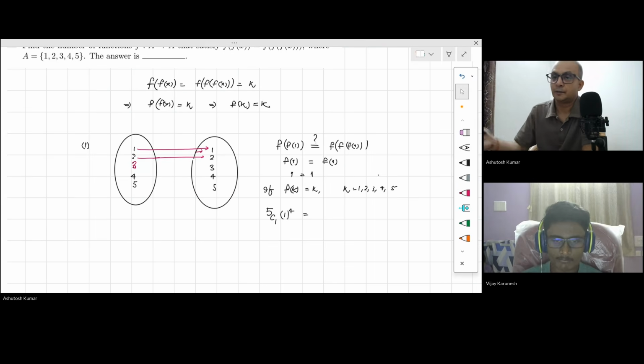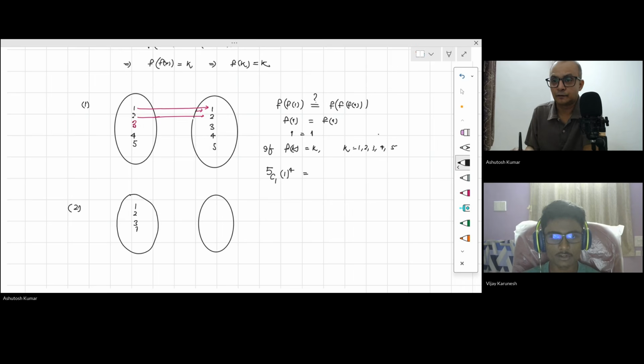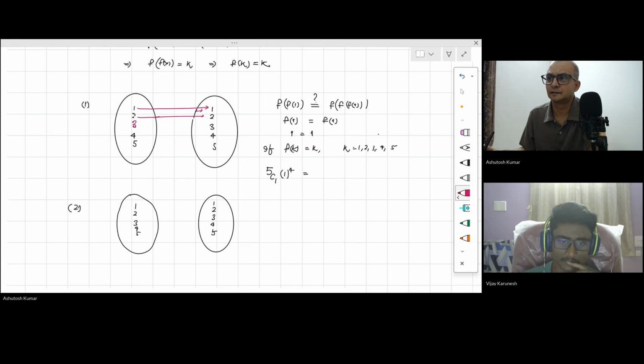But it can also be possible if you think that suppose I'm taking this scenario: 1 is mapped to 1 and 2 is mapped to 2. But all the others will have only the choice to be mapped with either 1 or 2.